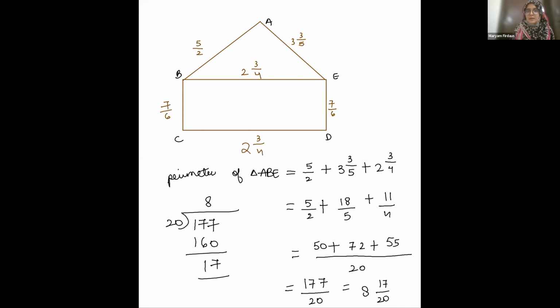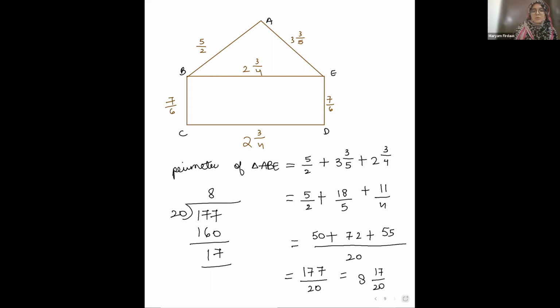Now they're asking about the rectangle BCDE in this figure. So what is the perimeter of the rectangle? Please find that out. Yeah, 8 17 by 20. That's for the triangle. Now they want the rectangle. It will be 2 multiplied by L plus B. What is L and what is B?